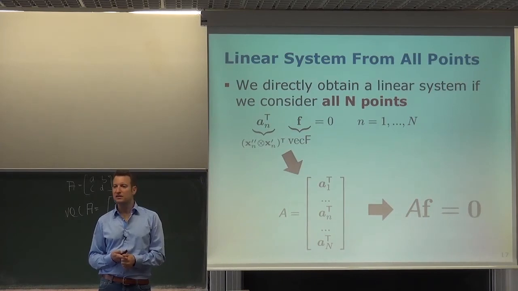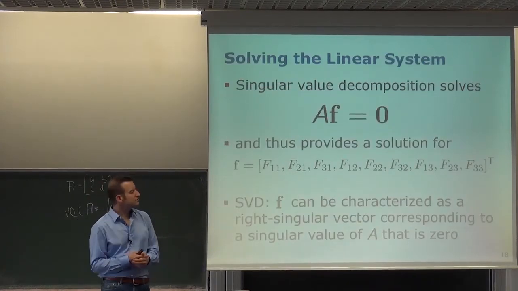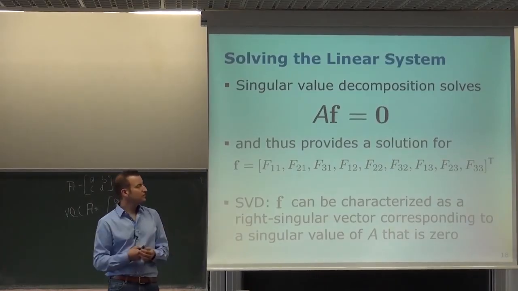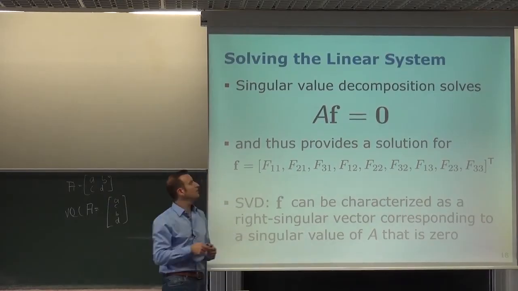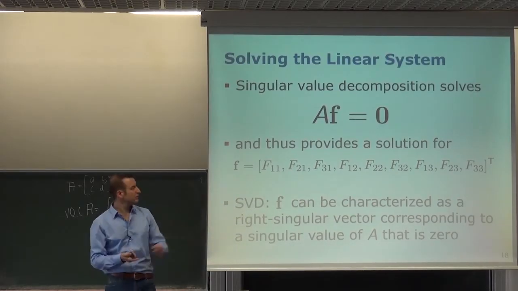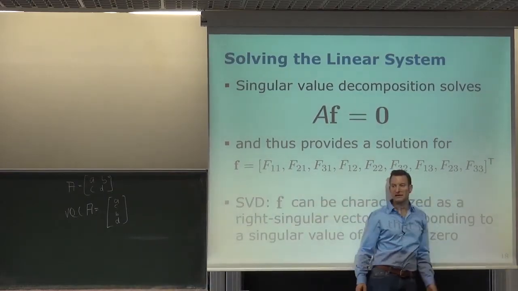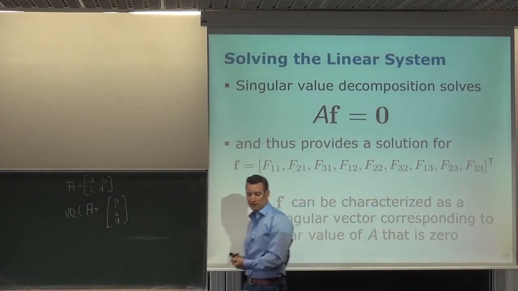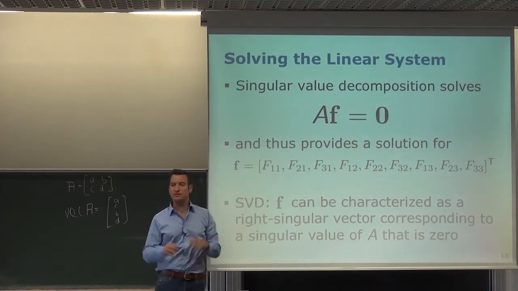There is something called SVD, singular value decomposition, which you all should know, which I can use to solve this system of linear equations and which provides a solution to this system. And this solution f are those elements of the fundamental matrix. So if I solve this and obtain my vector f, I simply need to rearrange those elements again and I have my fundamental matrix.